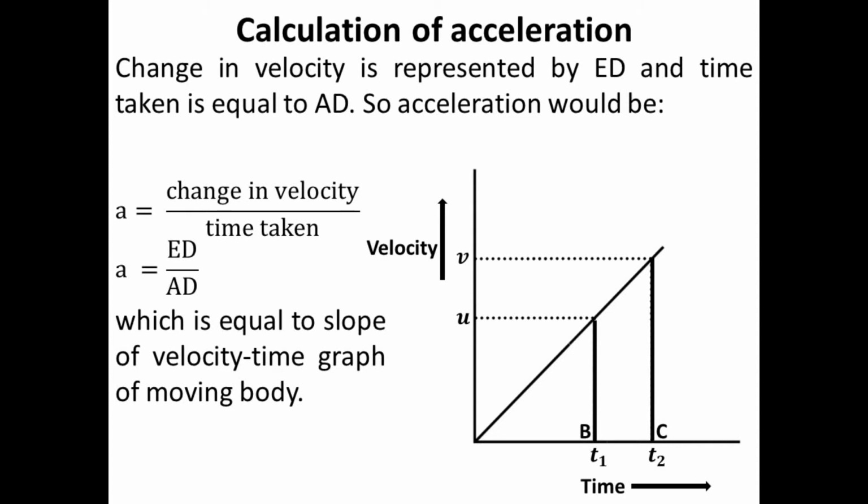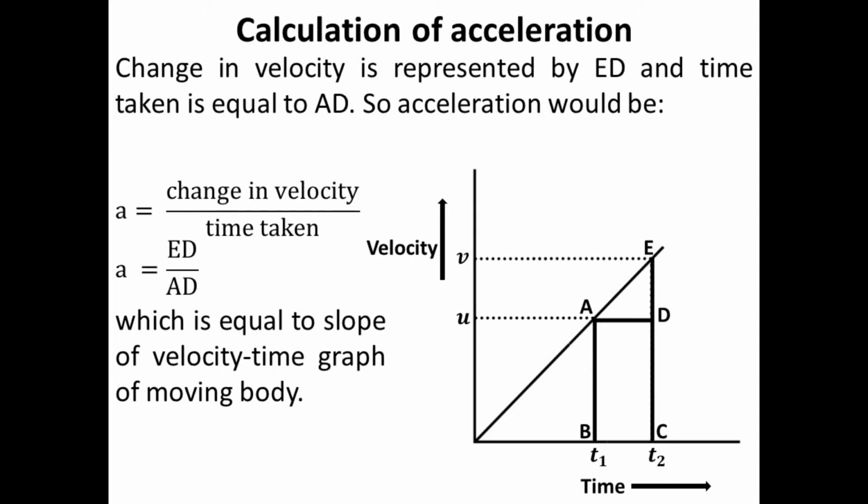Then draw a perpendicular at point A and we got AD. The perpendicular corresponding to T2 meet the velocity time graph at point E.